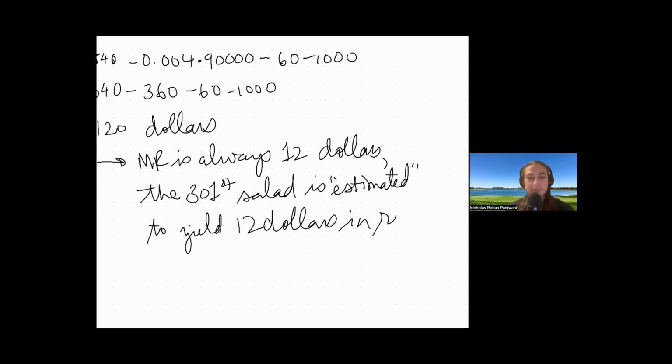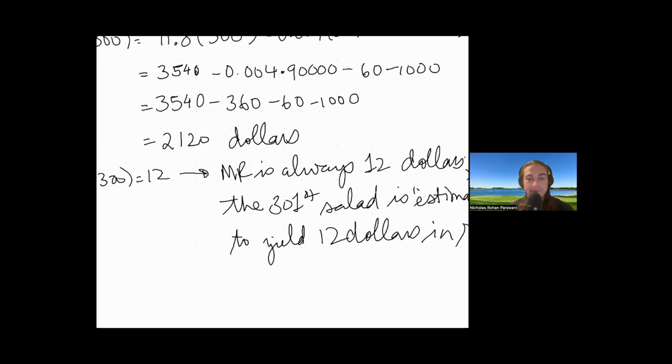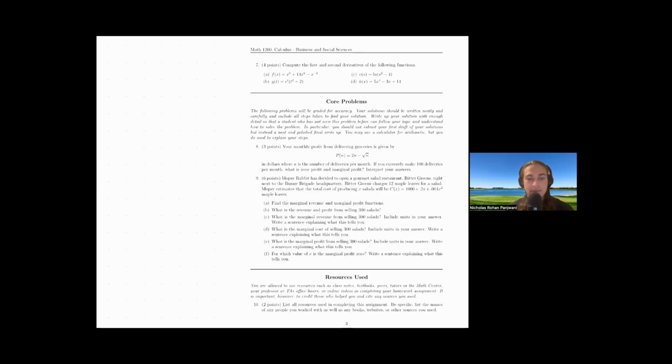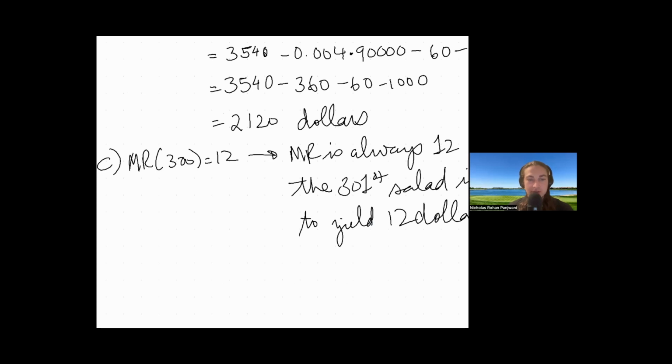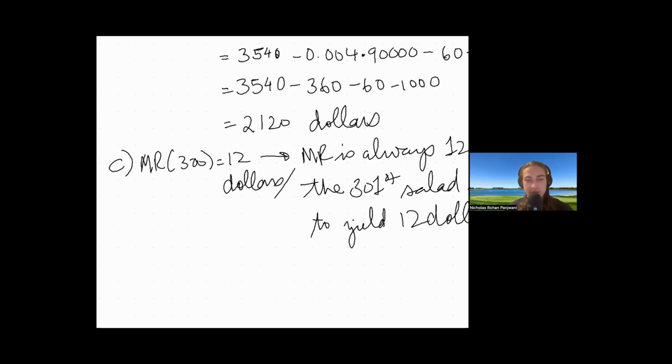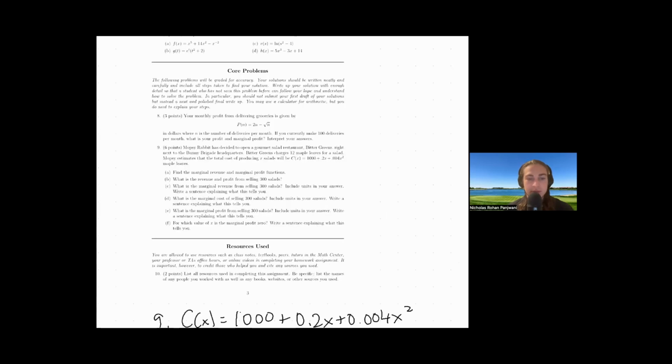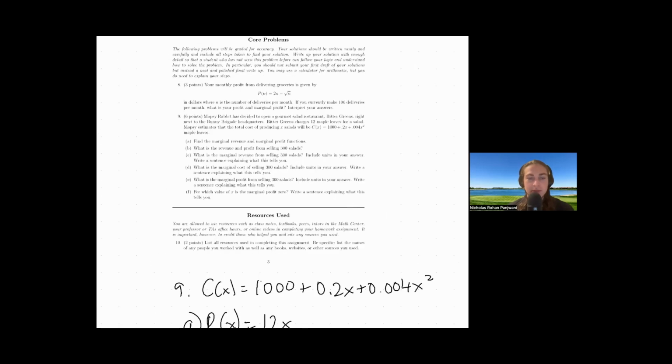Cool. And they want units, dollars per salad. Okay. D, marginal cost of selling 300 salads.